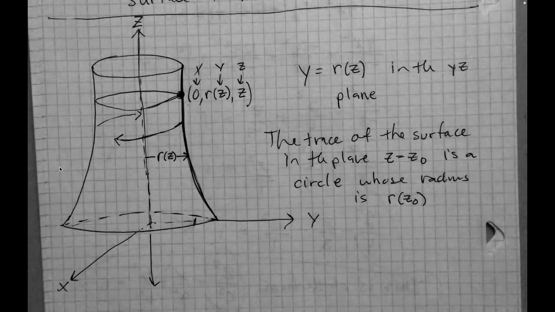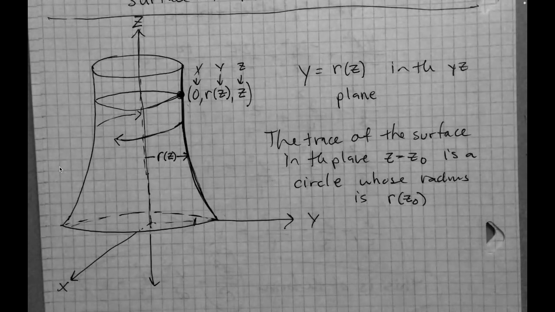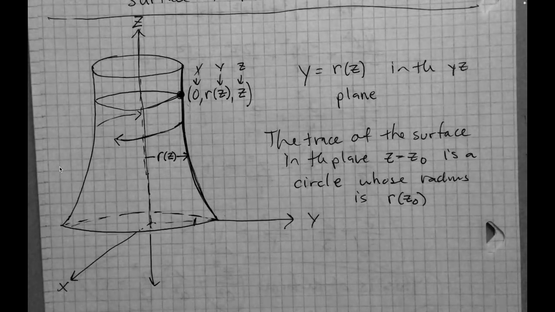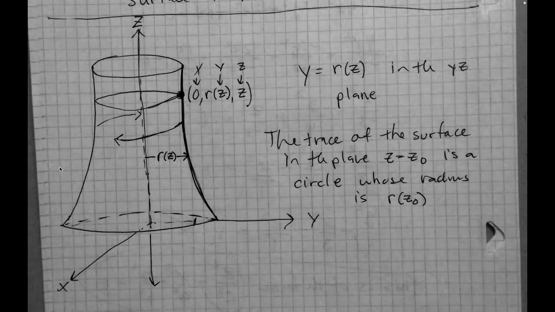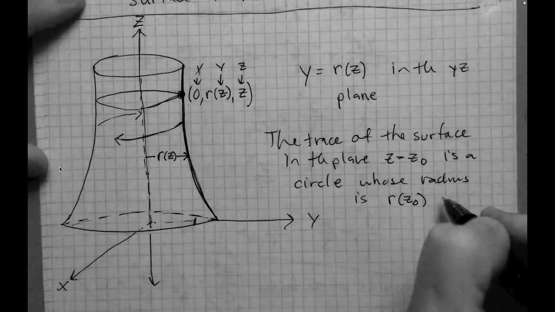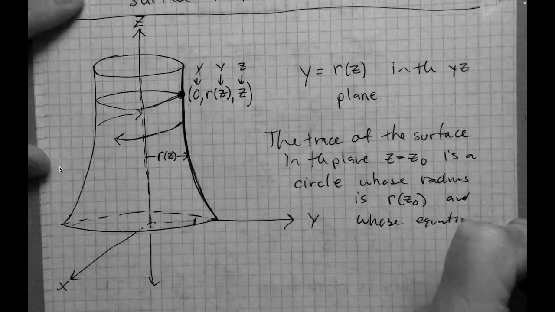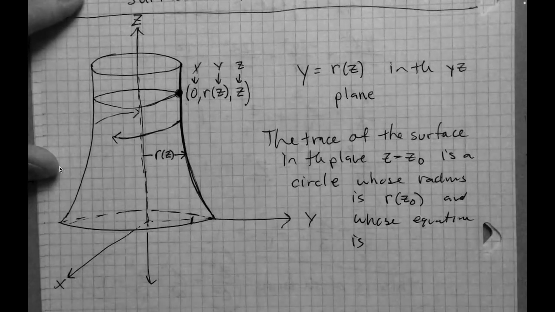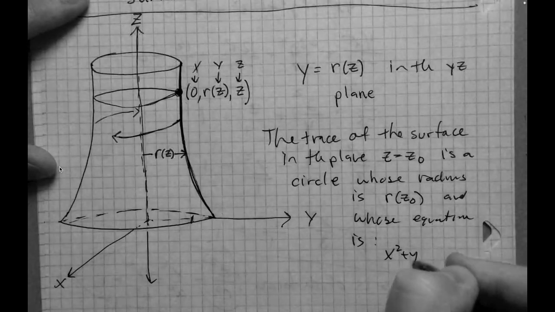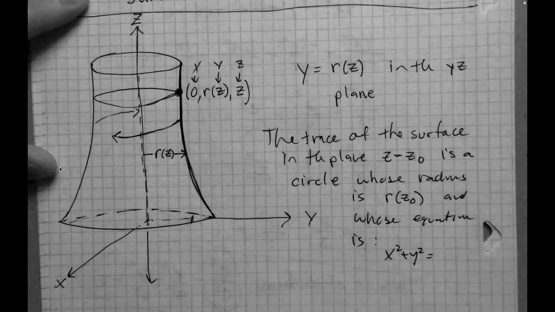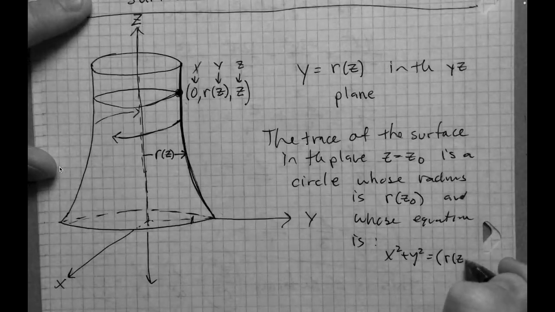So the trace of the surface in the plane z equals z0 is a circle whose radius is r of z0 and whose equation is, well, it's a circle, right? So the equation is going to be x squared plus y squared equals the radius squared, and the radius squared in this case is going to be r of z0 squared.